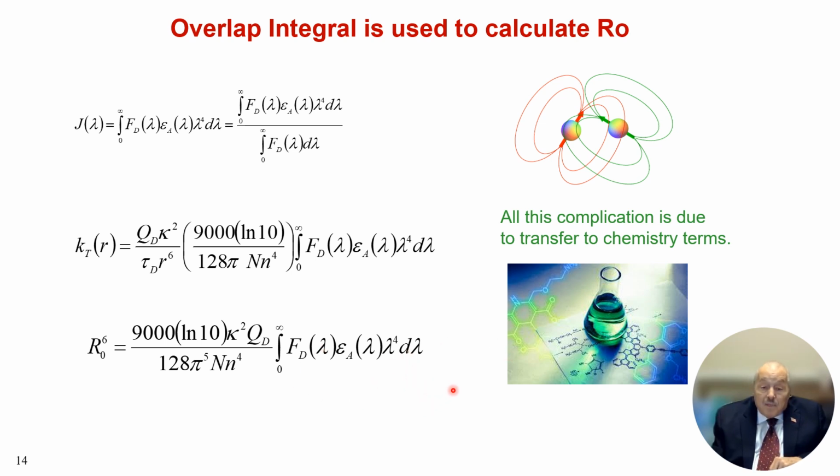So here we have our overlap integral, and I neglected to put in the normalization there, plus this whole bunch of constants. I've never gone through this derivation myself, but why are these all needed? And I think they're simple. If this was written in a physics book, it would probably be a much shorter equation, but Förster went to the trouble of putting it into the language of chemists.